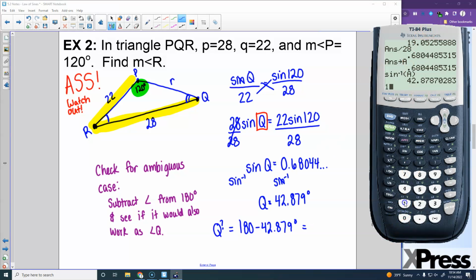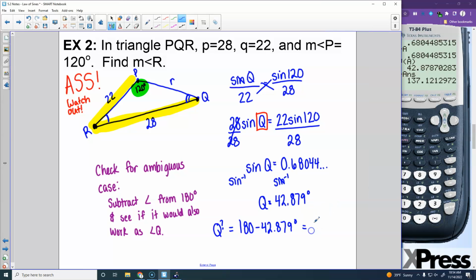So if we take 180 and subtract that number, we get 137.121 degrees. So I know for sure 42.879 works. If I look over here and say that angle Q is 137.121 in this triangle, does that work?